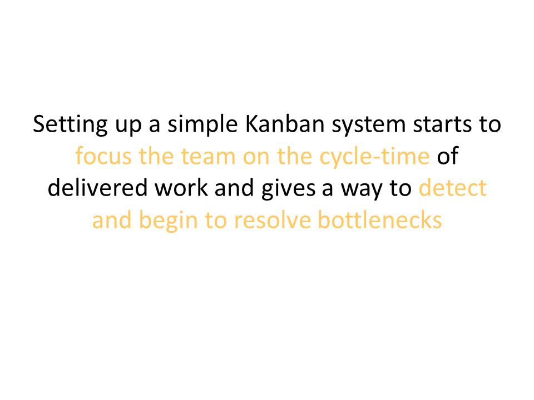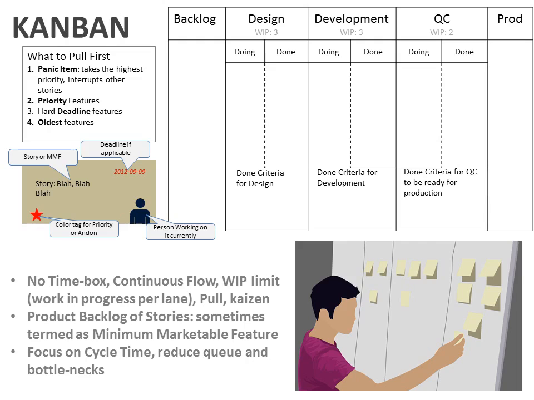So setting up a simple Kanban system starts to focus the team on the cycle time of the delivered work and gives a way to detect and begin to resolve bottlenecks to ensure a smooth flow can be achieved.